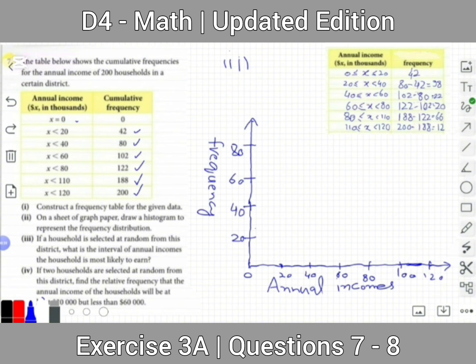Then we have to plot the frequency of each class interval as a bar on the histogram. So for the class interval 0 to 20, we have the frequency of 42. So here we will draw a bar of that height.